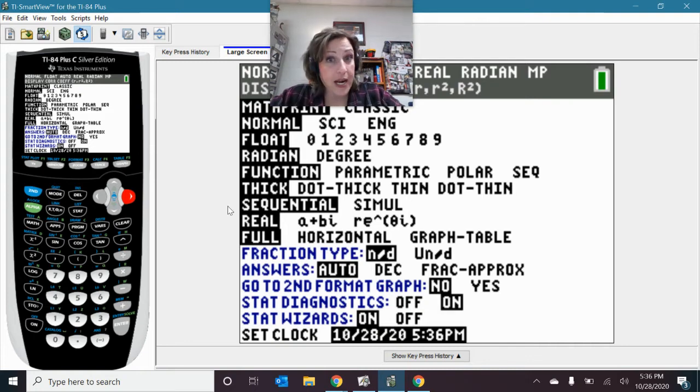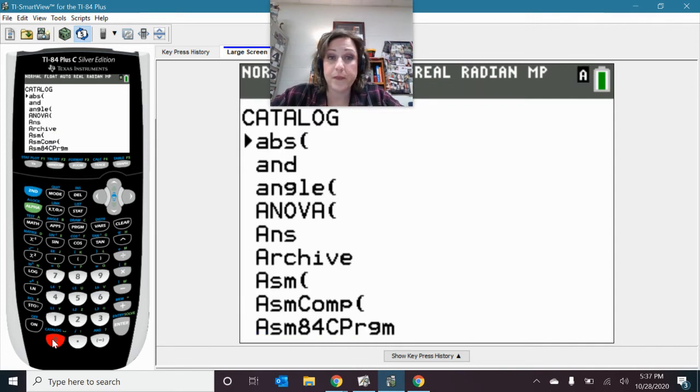Now, if you do not have this handy dandy updated operating system, then look at what you're going to have to do. There is an alphabetical list of every function the calculator has in the catalog. Look down there at the bottom. Catalog is above the 0. So to get to that, we're going to go second and 0.